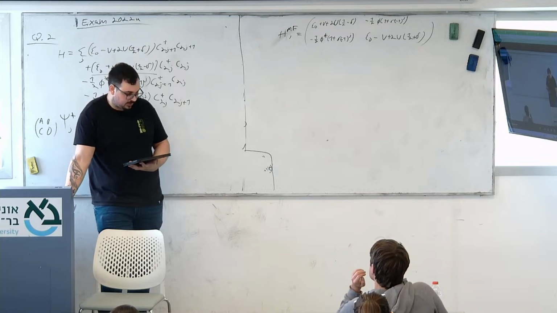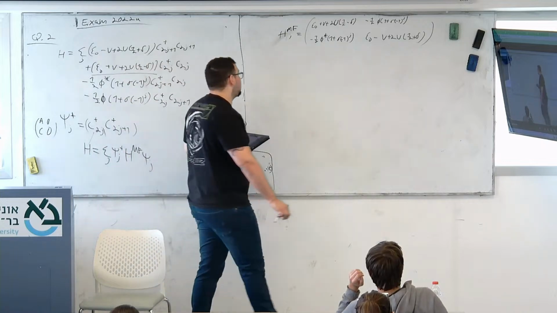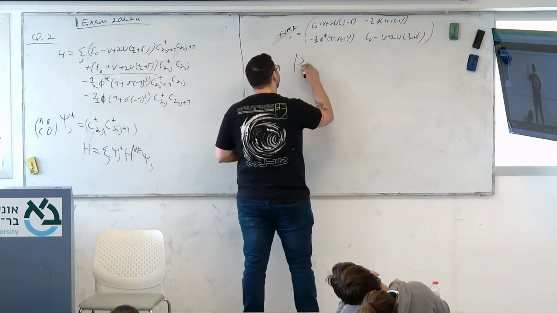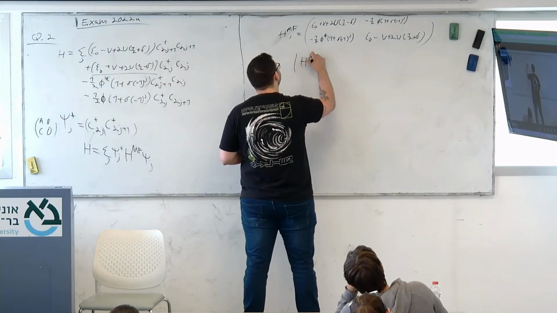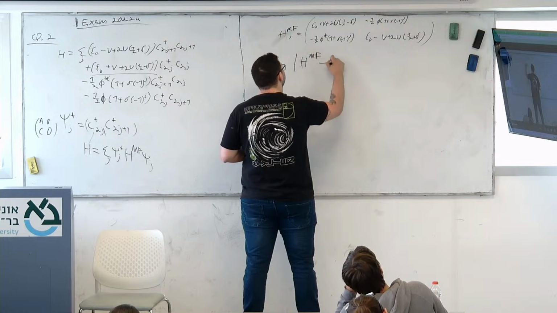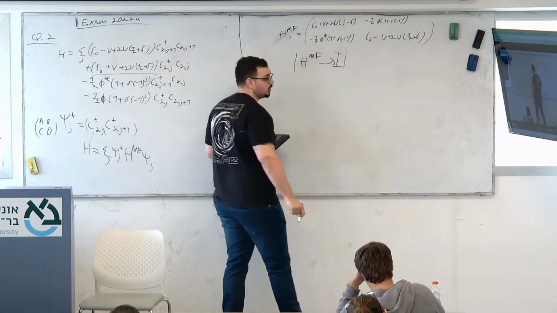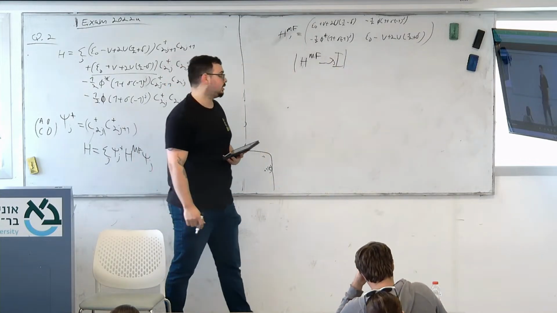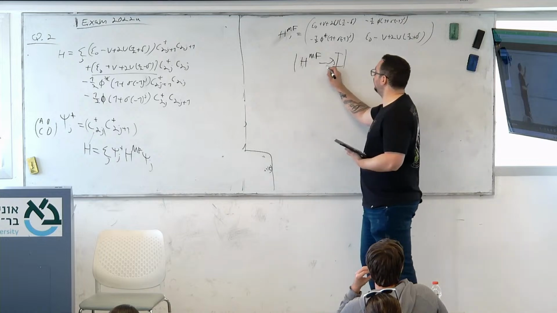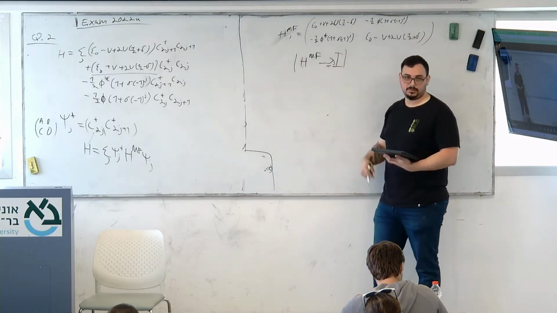So first of all, to find the eigenvalues, we just take the Hamiltonian matrix, reduce it by lambda I, take the determinant of this, and we try to solve for lambda. Lambda will be our energies.